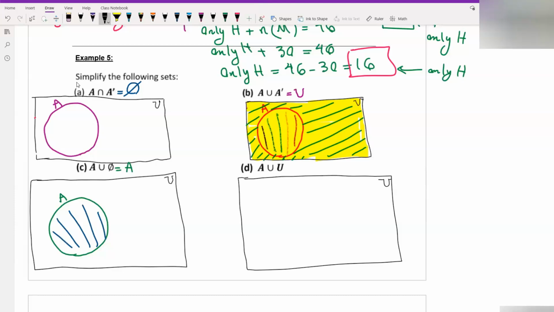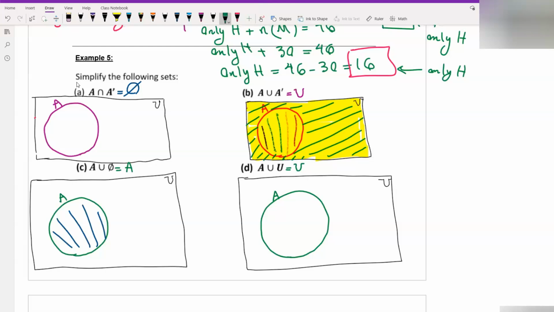What about A union universal set? The answer is universal set, because universal set is the largest set that we can have. And finding union, the answer is the largest set. So compare A and B, for example, you had two sets and you try to find union. You should have all members.